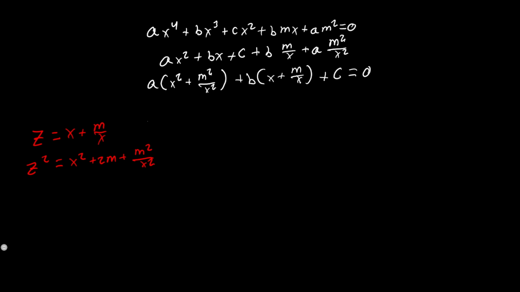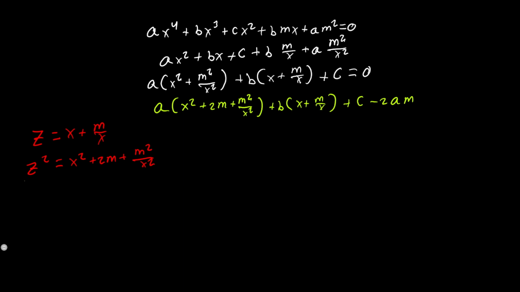So the equation we now have is a times x squared plus 2m plus m squared over x squared, plus b times x plus m over x, plus c minus 2am, as this maintains the equality of the equation.